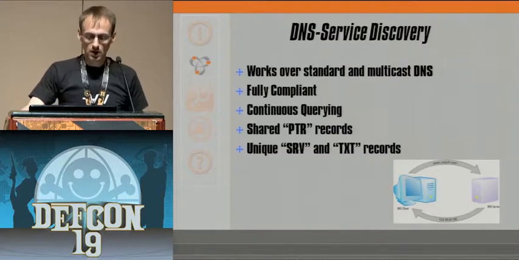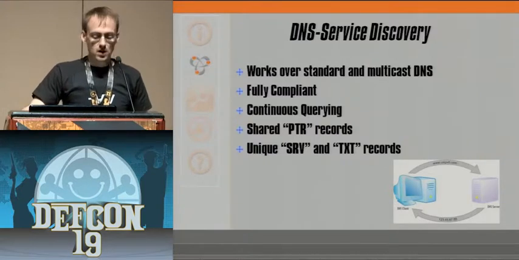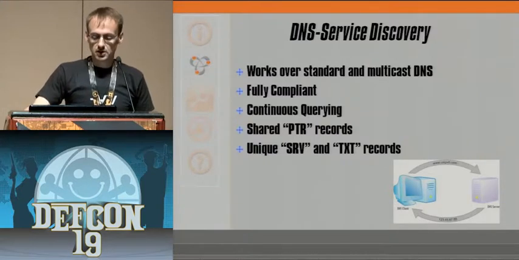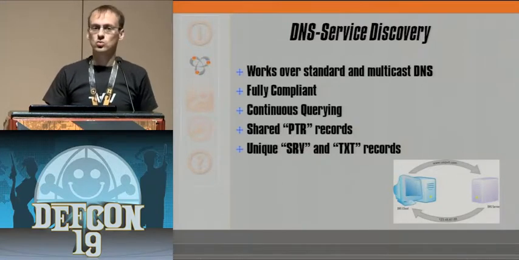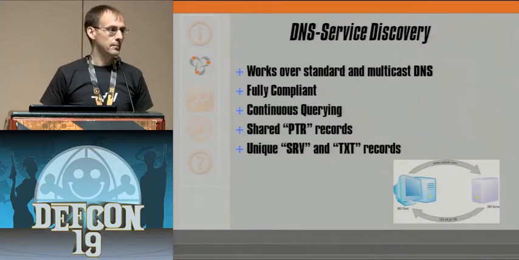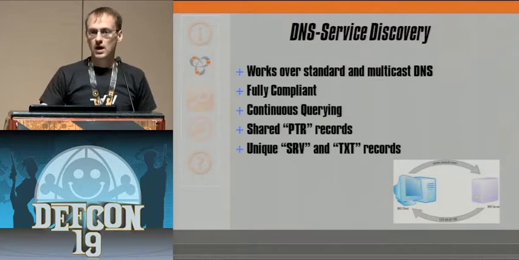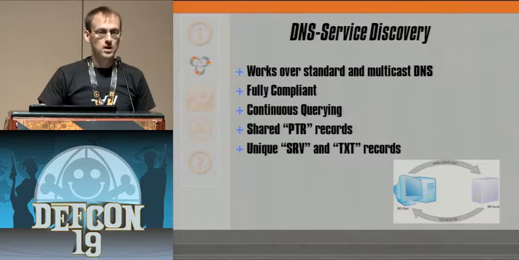Now, it's important to keep in mind when you're dealing with multicast DNS the shared records, because shared records in DNS service discovery work like this: let's say you have a community of hosts participating in multicast DNS and also DNS service discovery, and of those, let's say you have 5 that offer FTP services. Those 5 will actually share the pointer record for the FTP service.